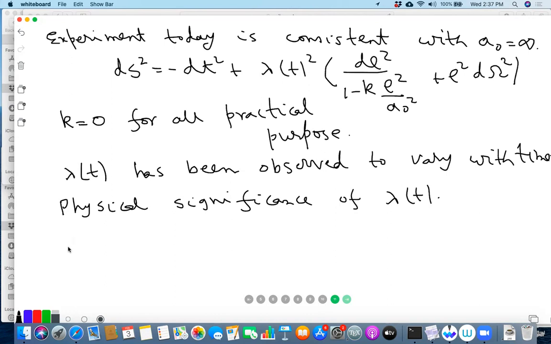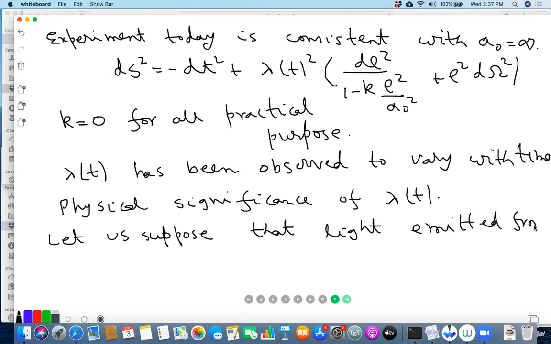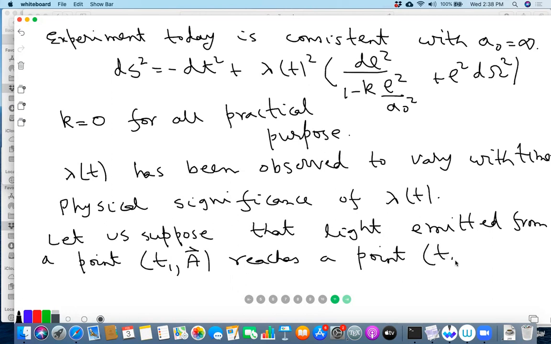Okay. So let's consider, suppose there is a source at the point A at time t1, and the light emitted from that source reaches us at time t0, because this is us.